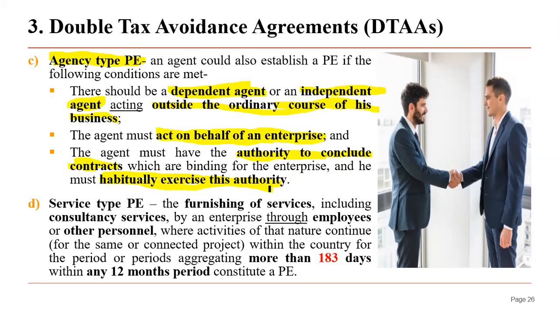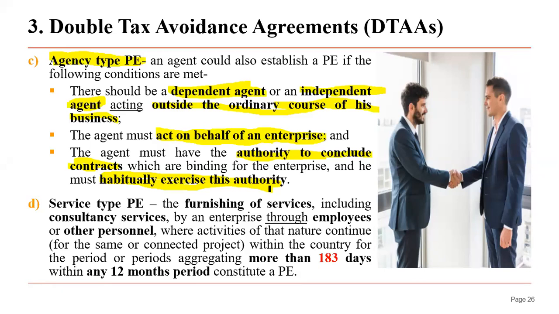What is acting on behalf of that enterprise? Basically, whatever activities the principal requires, the agent will act. He will represent the parent, maybe before the IRD, maybe a registrar of companies, any other bank related issues, they might go and visit and act on behalf of the principal.